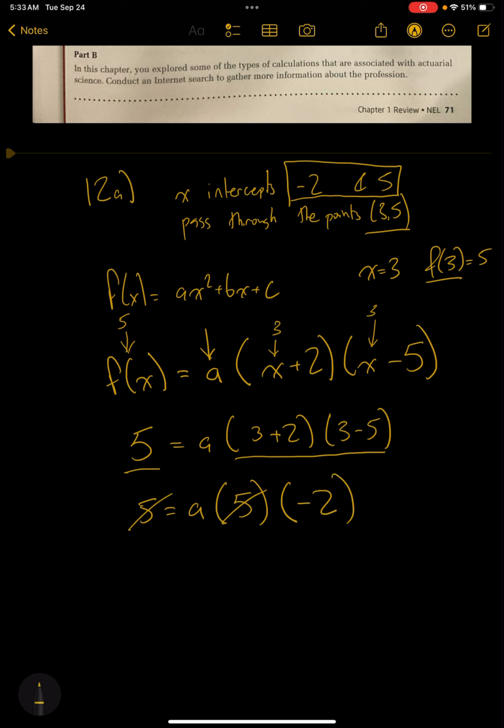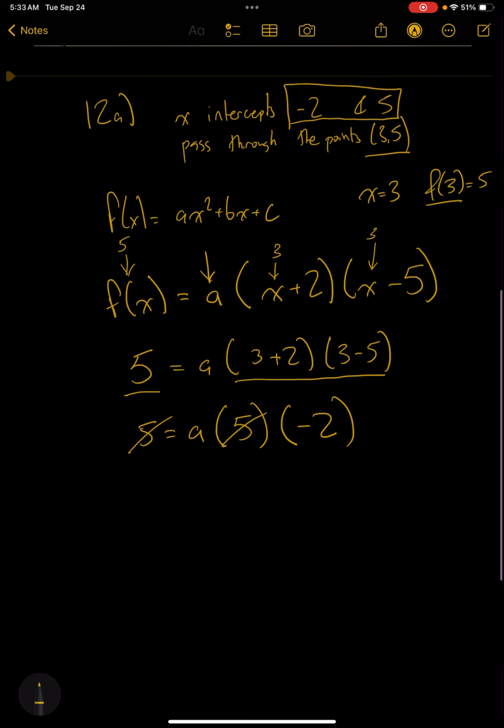By the way, we cross that out because we divide both sides by 5 because they're all factors, right? That's 1, by the way. So we got 1 equals minus 2a, or a equals minus a half.